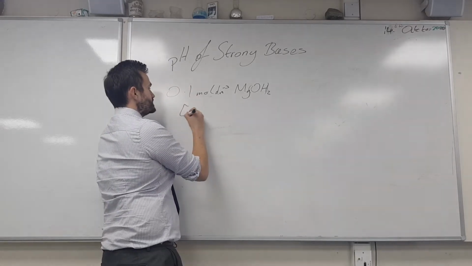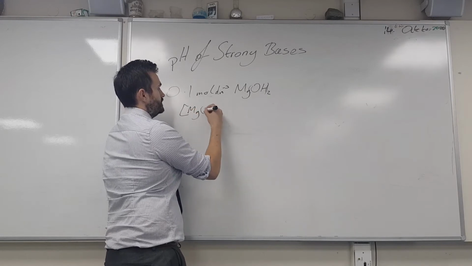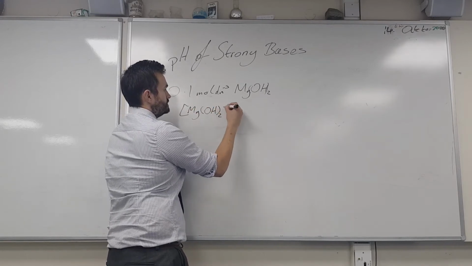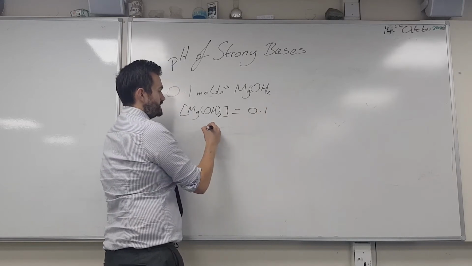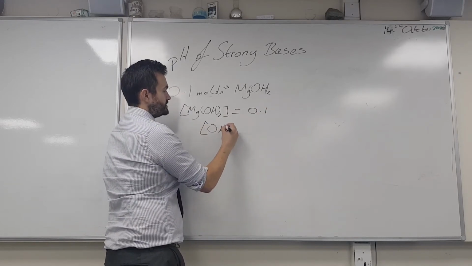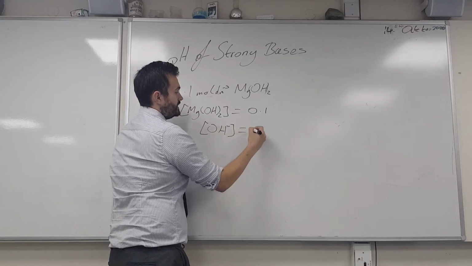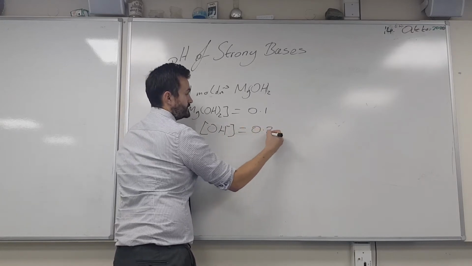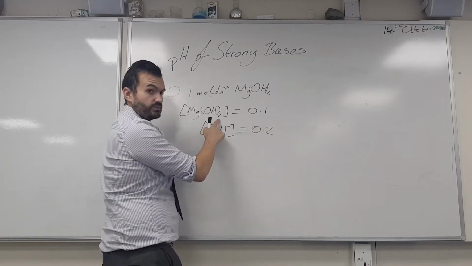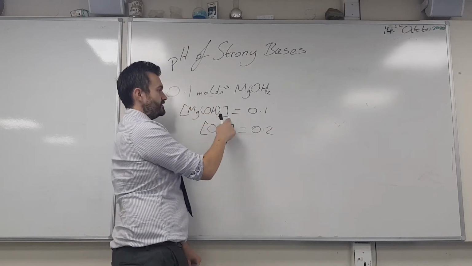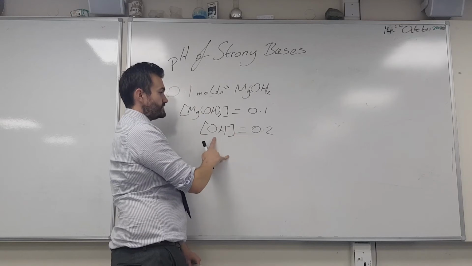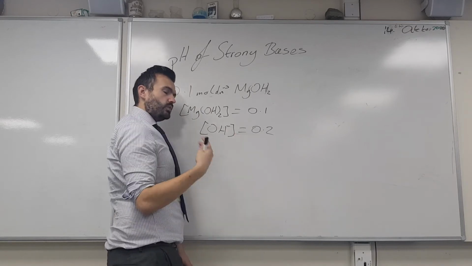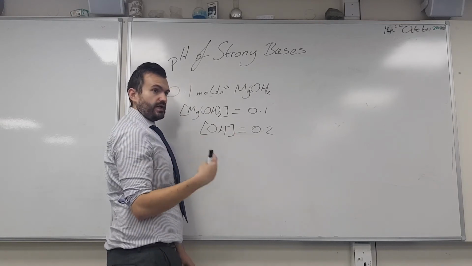So if we were to say our Mg(OH)2 is equal to 0.1, now our concentration of OH minus ions will be equal to 0.2, because we've got 2 OH minuses for every 1 molecule. So we've got a concentration of 0.2 OH minuses, but we want the concentration of H pluses.